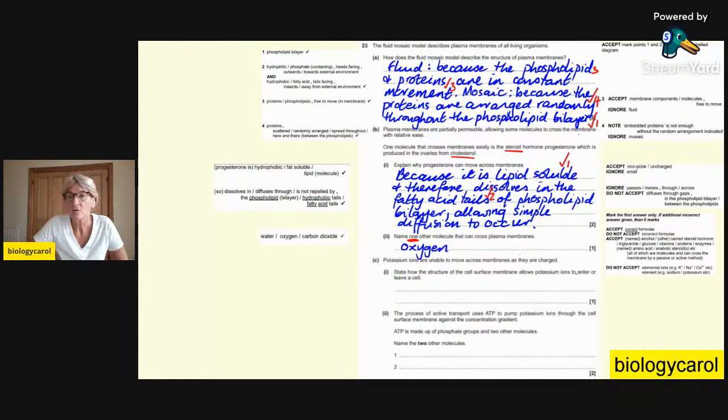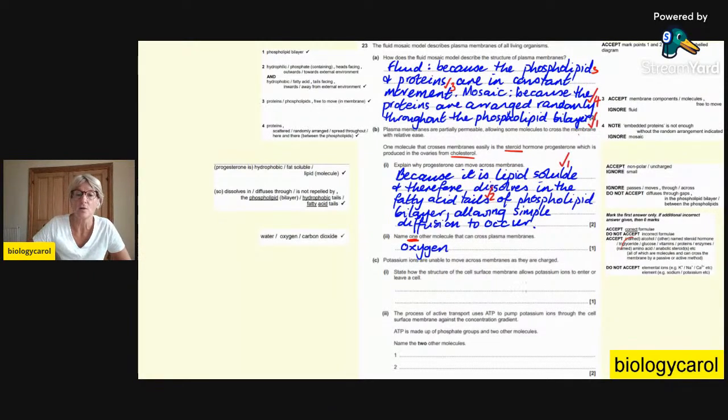Okay, lots of other things can go as well. Potassium ions are unable to move across membranes as they are charged. Well, they can move across membranes. They can't move across the phospholipid bilayer. Yeah. State how the structure of the cell's surface membrane allows potassium ions to enter or leave the cell.